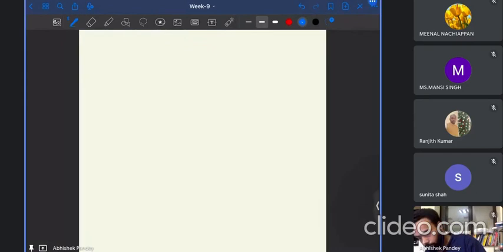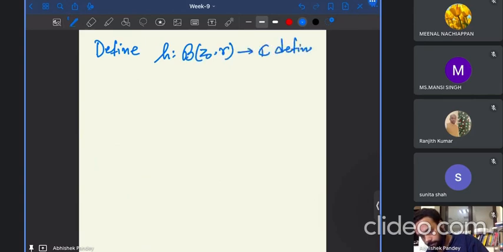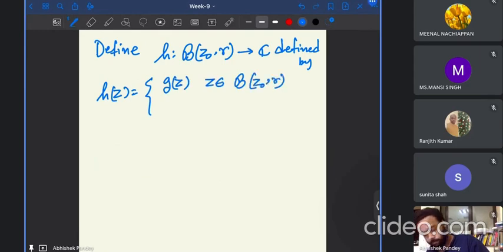Okay. So now we will define another function. Define h from this ball R to C by, so h(z) is basically your g(z) when z belongs to this minus z naught, and this is 0 when z is equal to z naught.